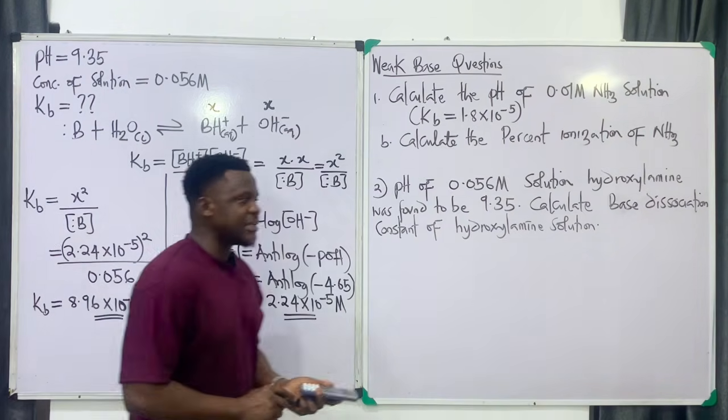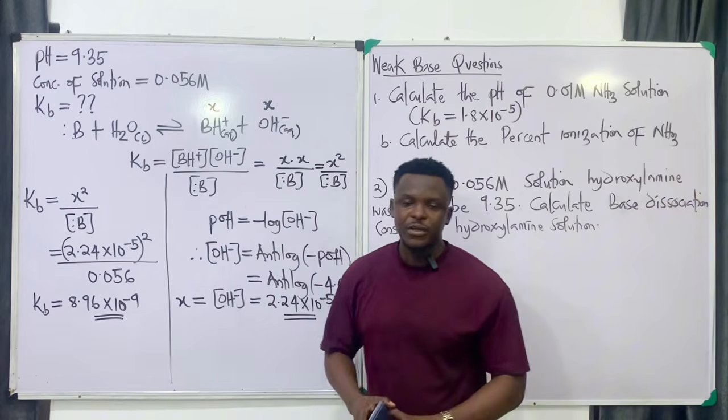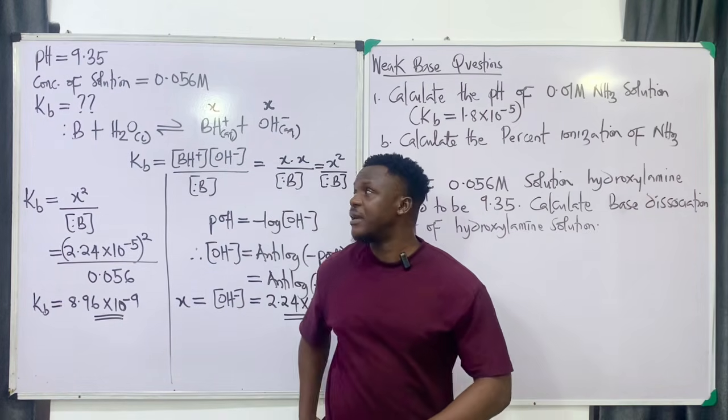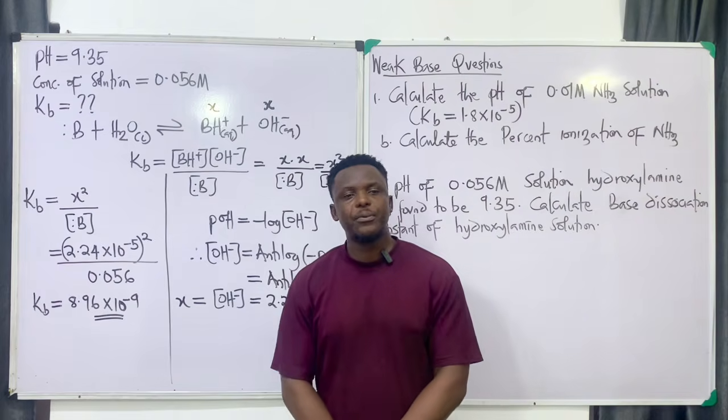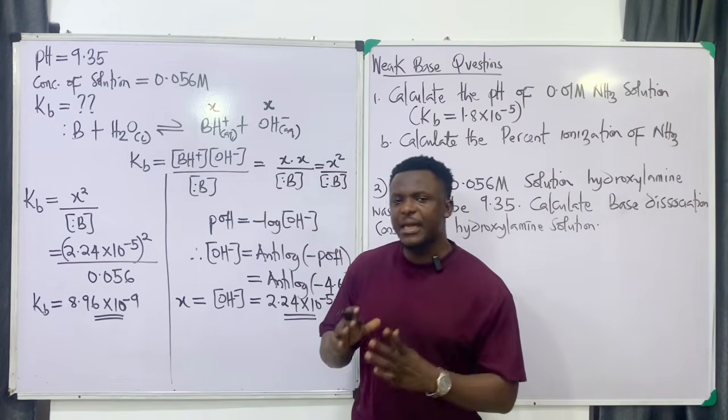Now that is our value for Kb. So if you have any question under this calculation, please drop a comment and I will be there to answer you. Now let's look at the relationship between Ka and Kb.